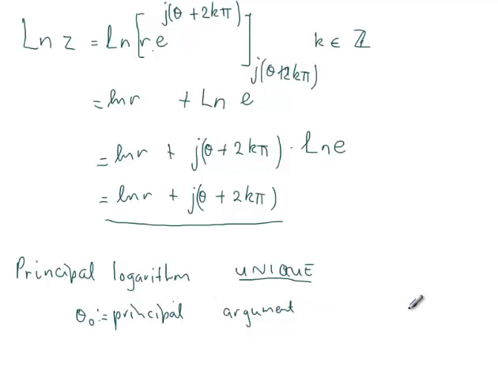Principal argument is an argument between minus pi and pi. Sorry, I need to correct something here. Between pi, strictly greater than minus pi, less or equal to pi.